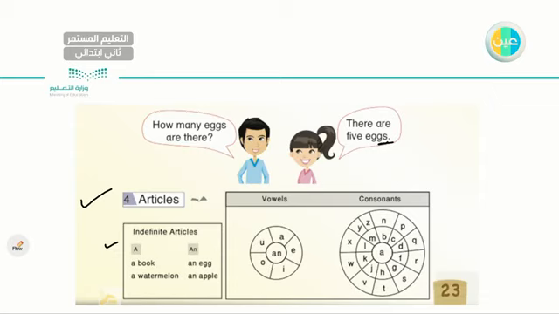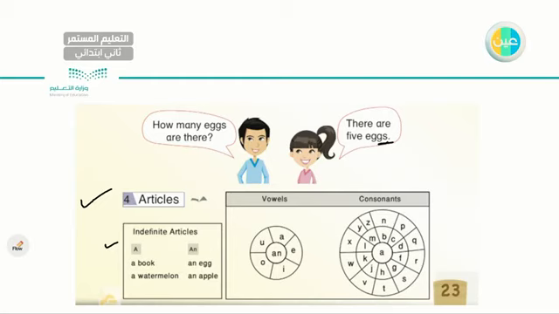To your left, I have an. It comes with the words that start with A, E, I, O, U, and these we call the English vowels. But to your right, I have a. It must precede the words that start with these letters, the consonants. I have Z, X, Y, V, T, S, and so on.